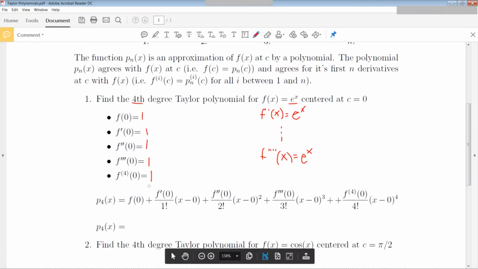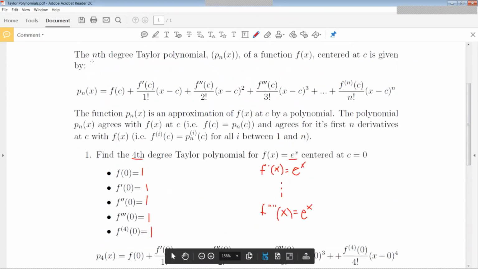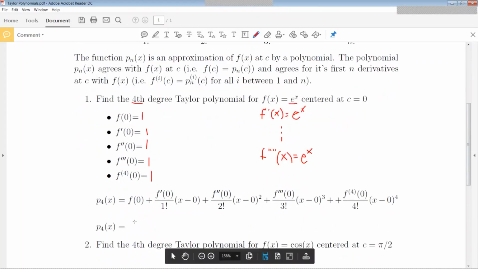I will do so using this algorithm. We look back up here at the formula. My c in this case is 0, x minus c, f prime of c, everything else is prescribed, and so I'm just going to fill in what I have.